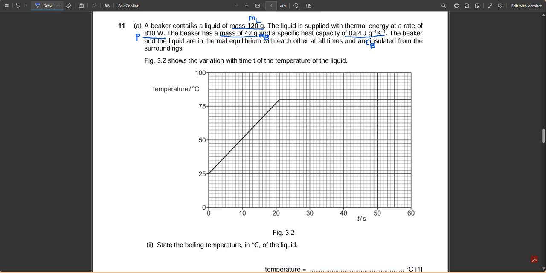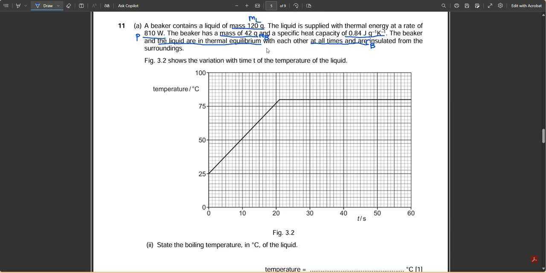The beaker and the liquid are in thermal equilibrium with each other at all times. That means from the beginning until the end, if the temperature of the liquid changes, the beaker's temperature will also change.